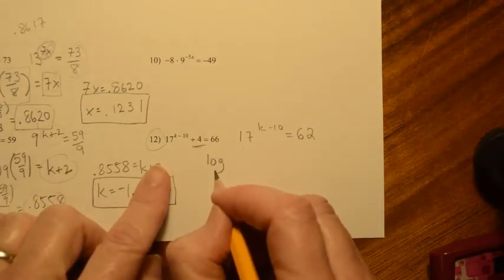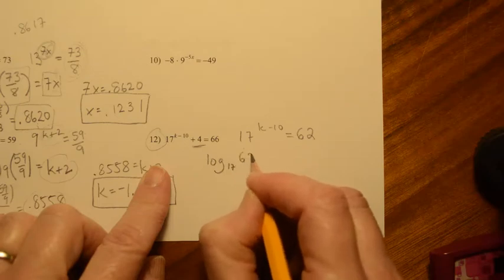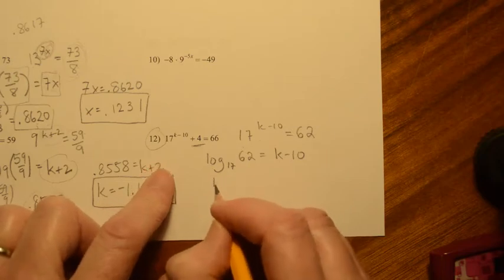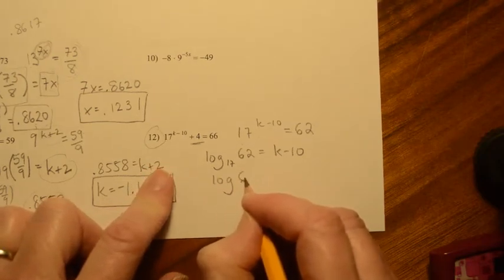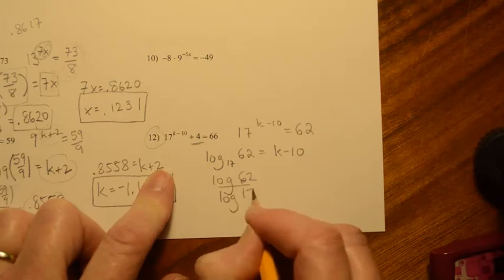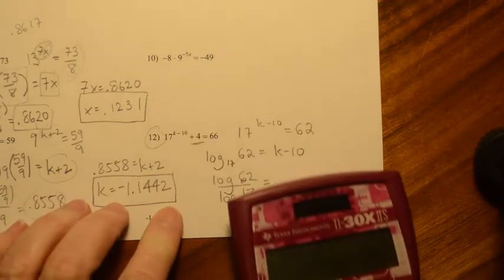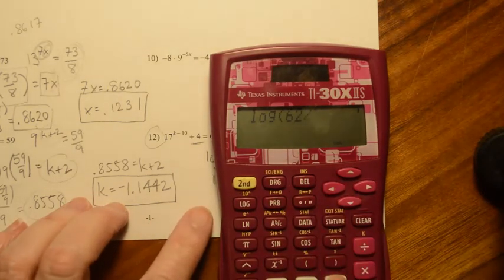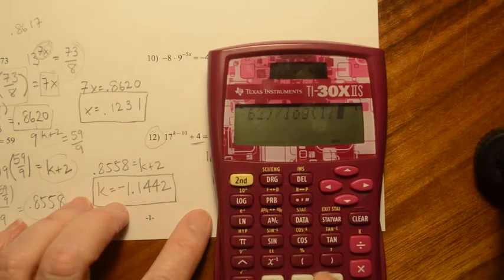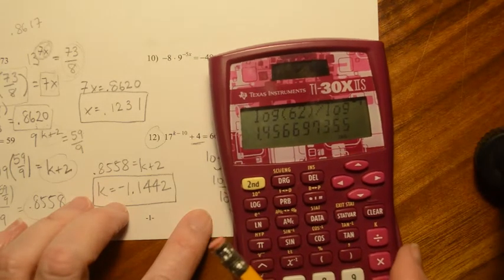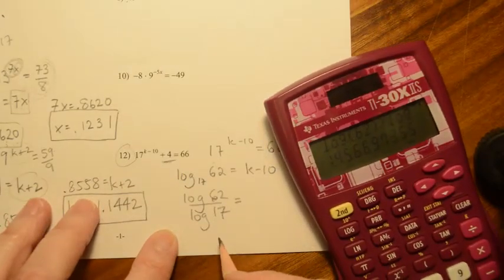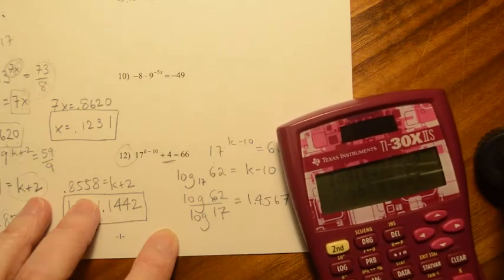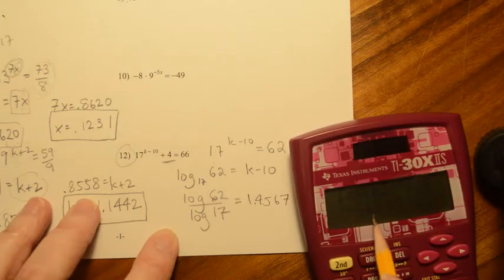I'm going to rewrite in log form. So this is log base 17 of 62 equals k minus 10. I'm going to use the change of base formula. So this is log of 62 over log of 17. And I get 1.4567. 4, 5, 6, yeah, okay.